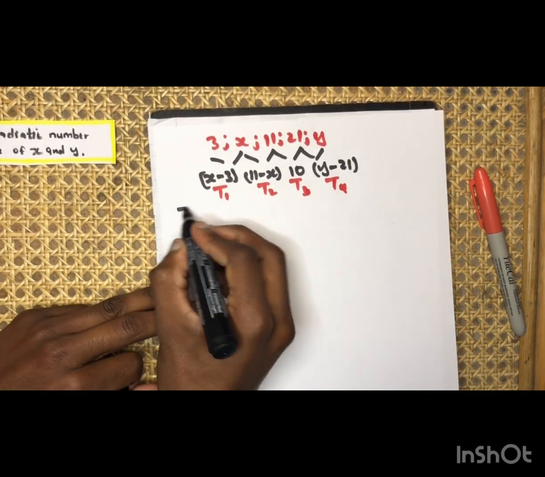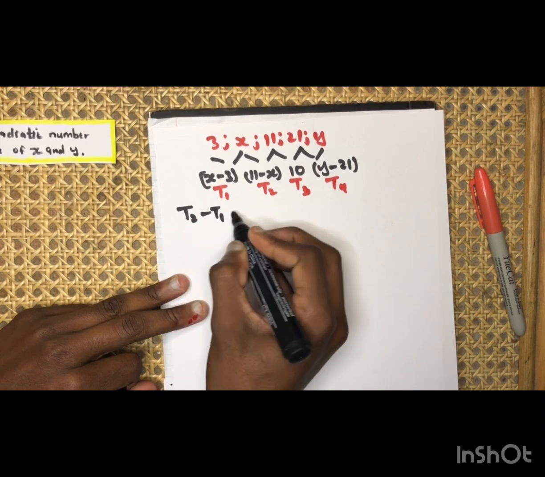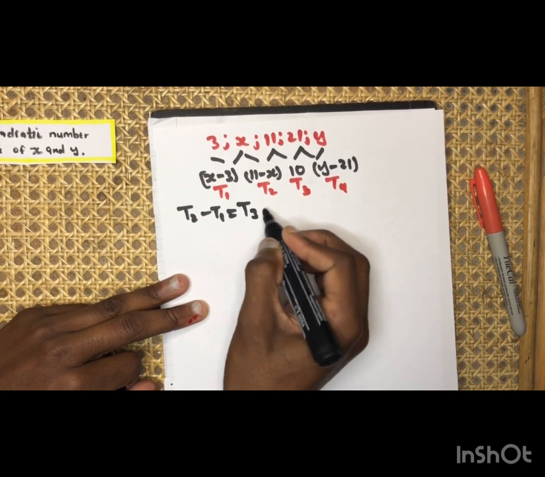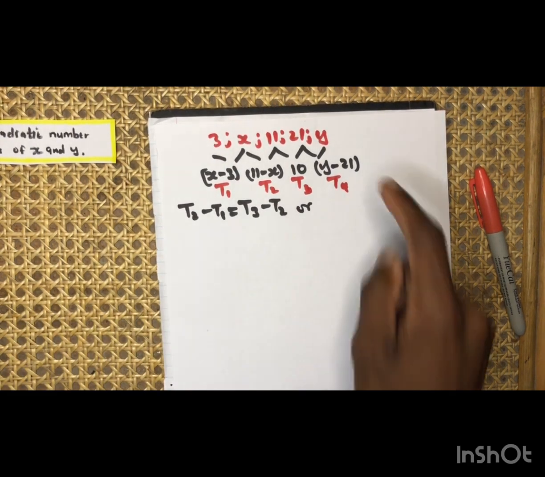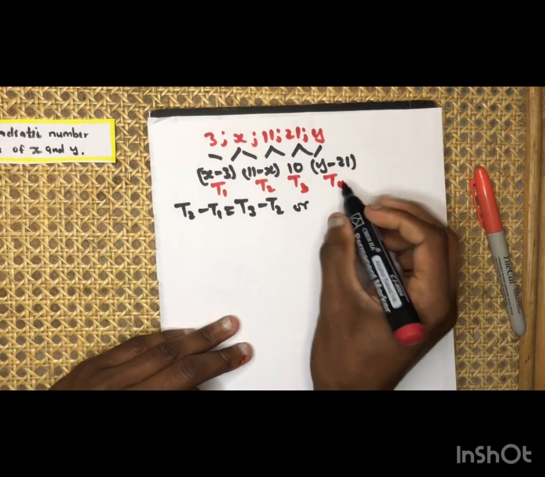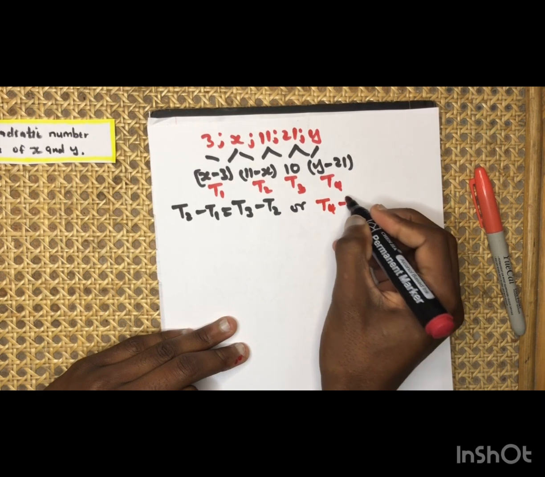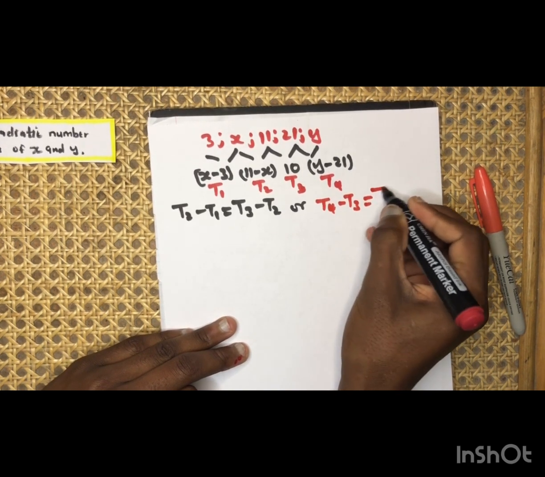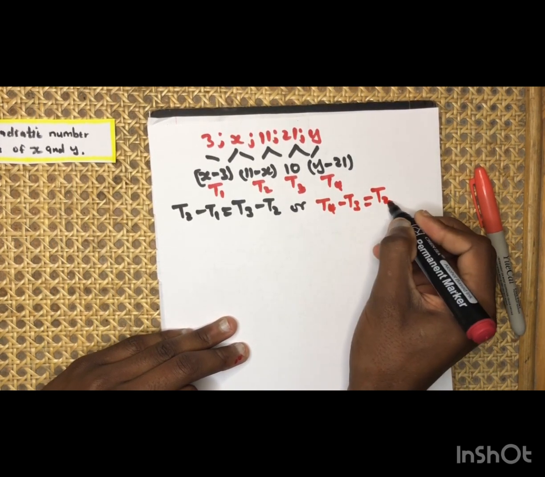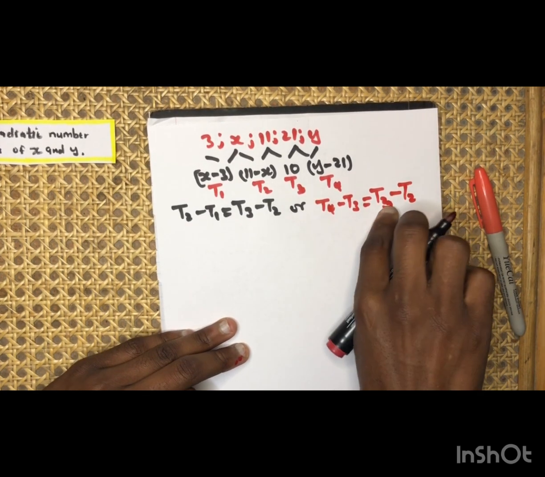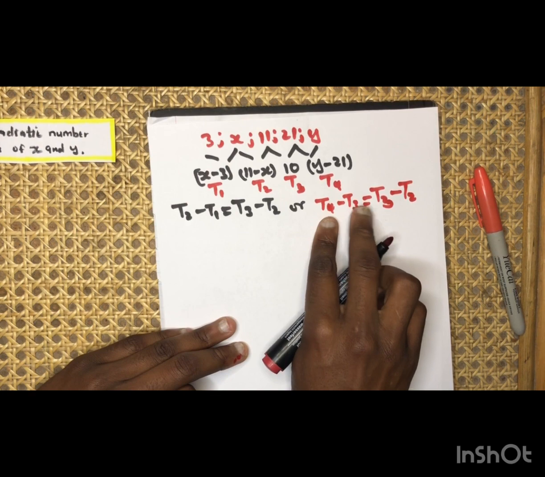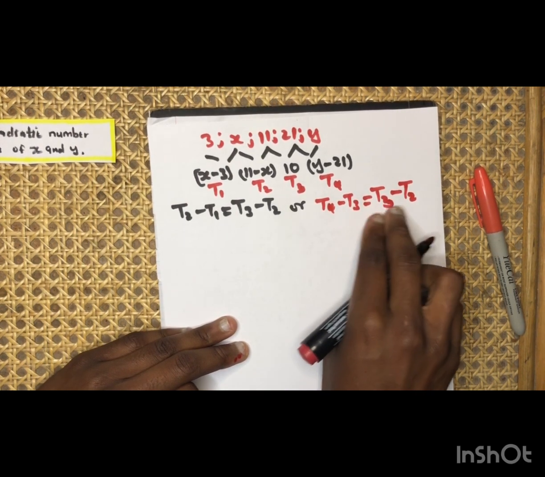So what I'm going to do, guys, is say t2 minus t1 must be equal to t3 minus t2. Or I come here that t4 minus t3 must be equal to t3 minus t2.